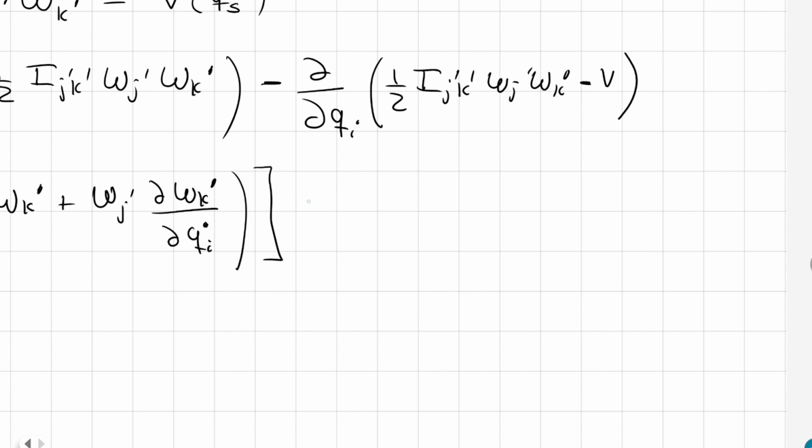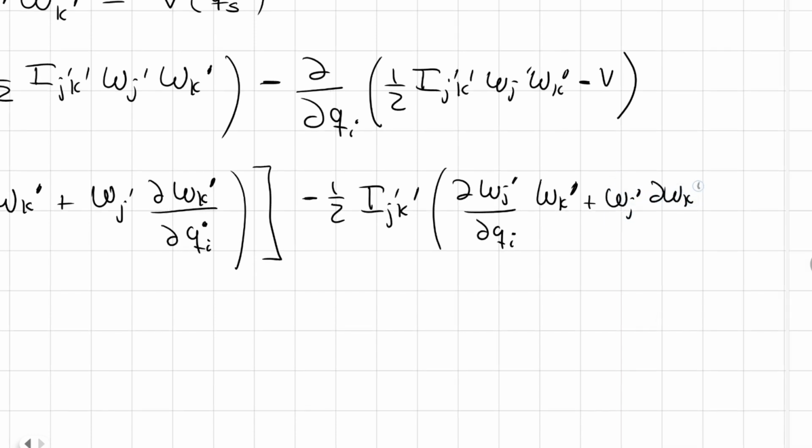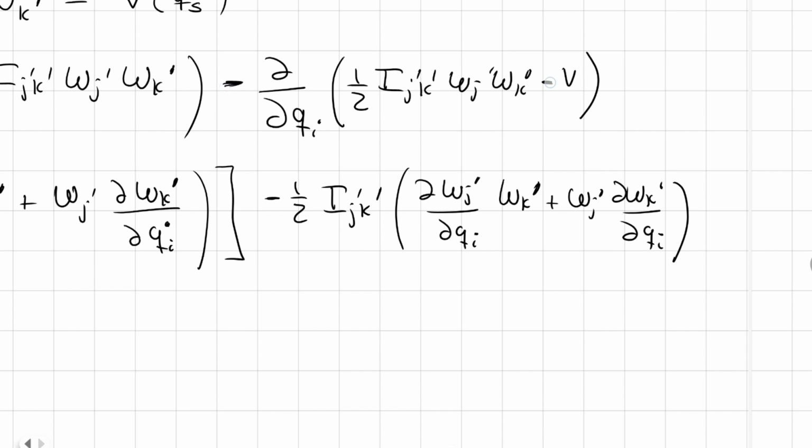We are going to get minus 1/2 the inertia tensor components I_jk, times the derivative of omega_j with respect to q_i times omega_k, plus omega_j times the derivative of omega_k with respect to q_i, like this. And then, noting that V is a function of q, we just express the derivative of V with respect to q_i, with a plus.